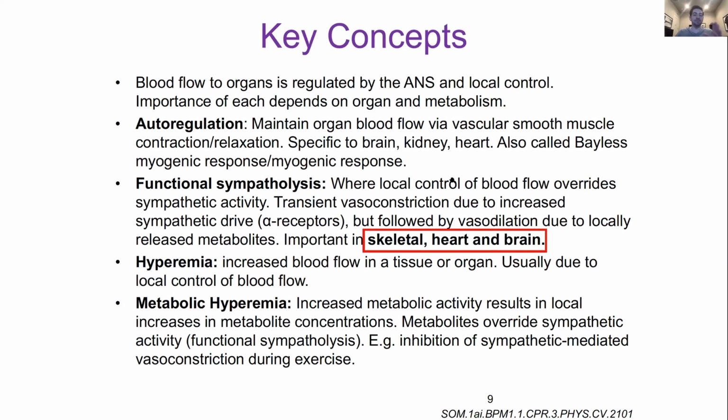So the local factors, sensing a decrease in oxygen, can override the sympathetic system and say, no, we need more blood. So it just means that in certain circumstances, this local control, whether it be the skeletal muscle, the heart, or the brain, can override the sympathetic drive to say, we need more blood, basically. Okay. And knowing these factors is very important.